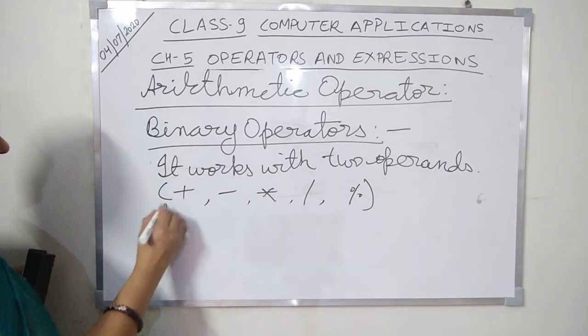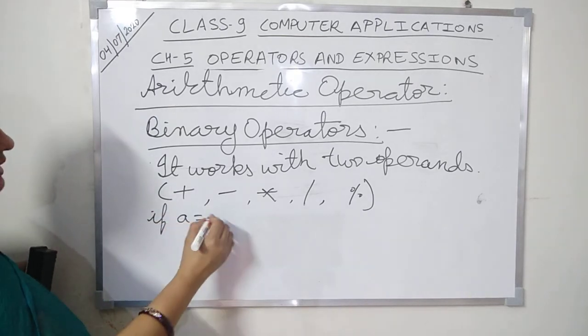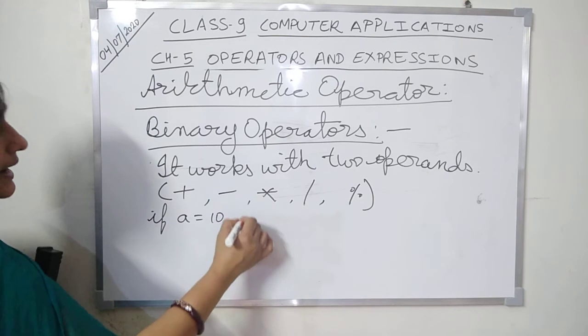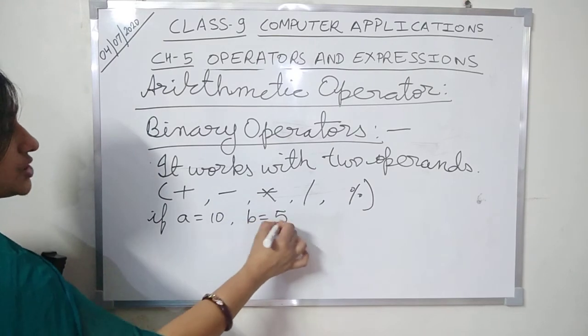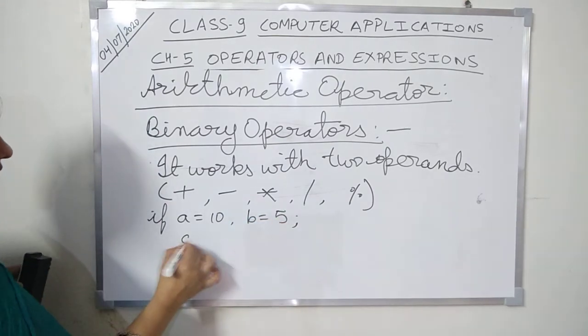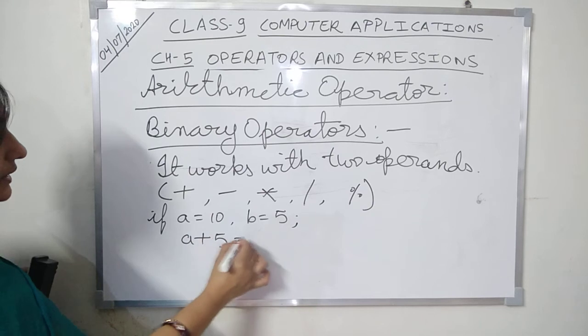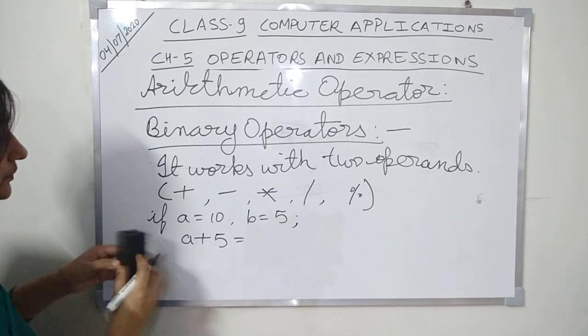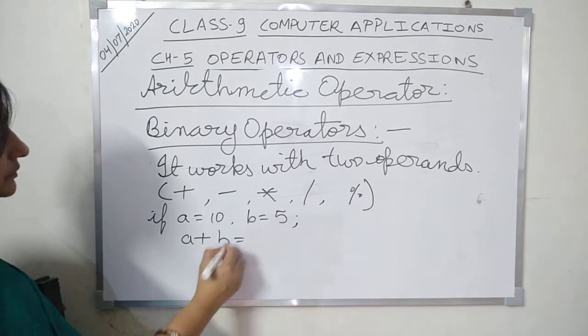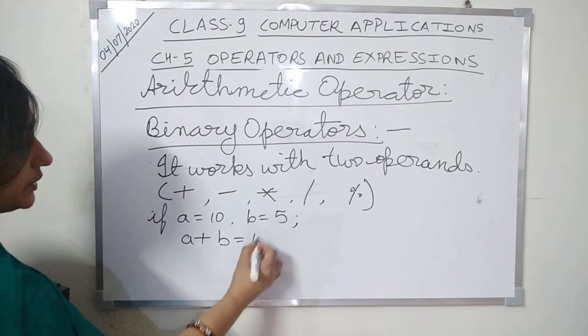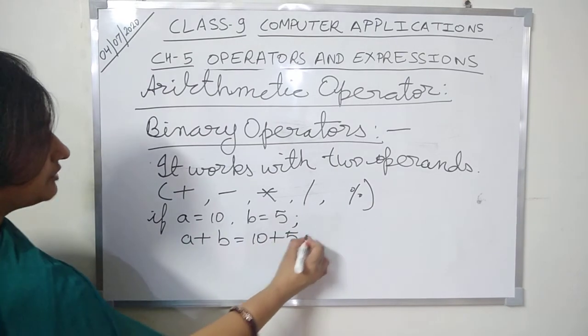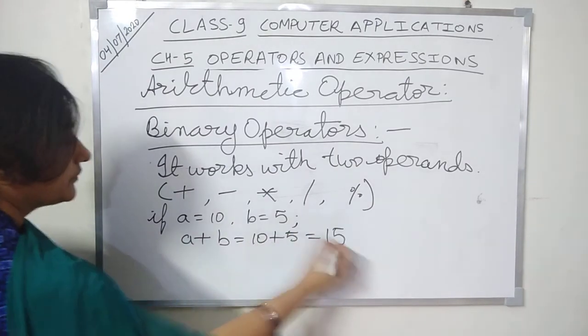So if A is equal to 10 and B is equal to 5, then A plus B equals, what will be its value? 10 plus 5 equals 15.